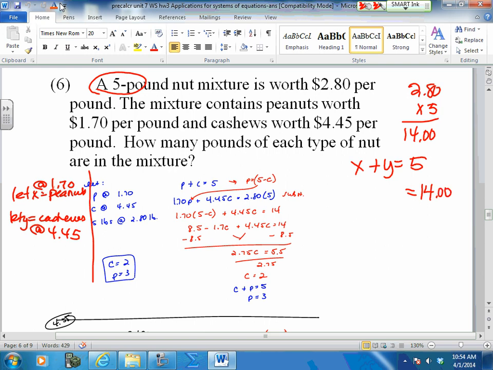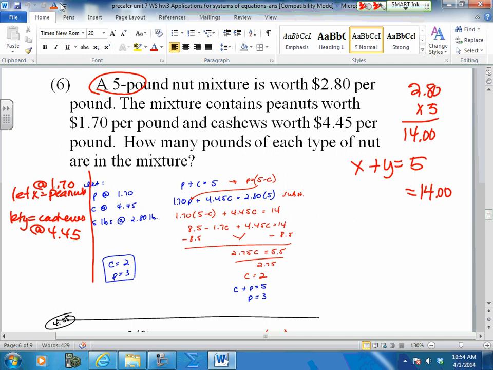So therefore, I'm going to take my X amount at, because what if my peanuts cost me $1 and my cashews cost me $2? I would multiply by however many peanuts by $1, my cashews by $2, and wouldn't that add them together?